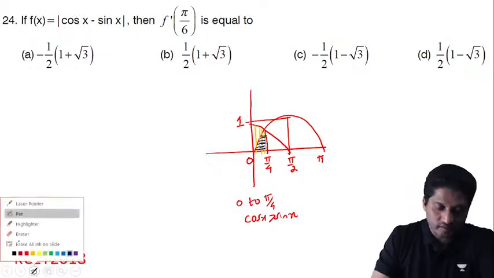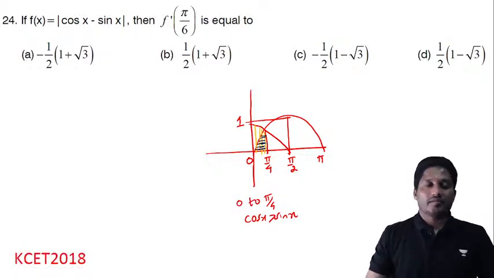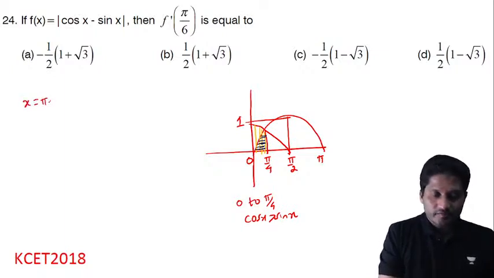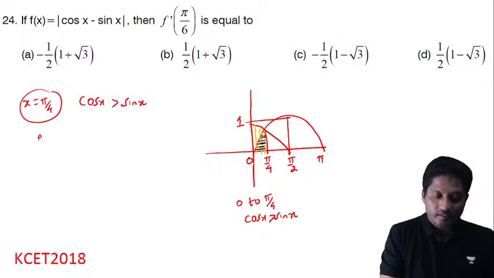So pi by 6 obviously lies between 0 and 45, right? So cos x is more than sin x, so f of x is equal to cos x minus sin x.